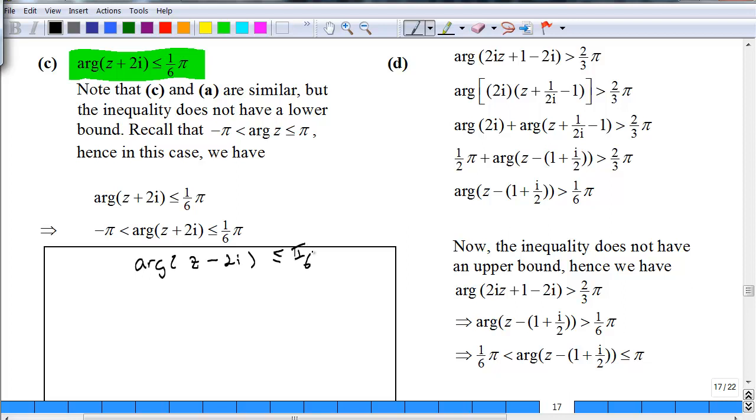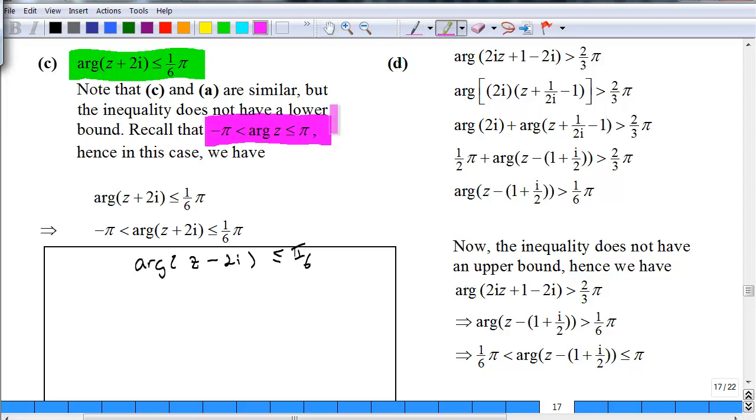Right, but in this case it is special because it seems that part C is similar to part A. However, there is no lower part of the inequality as in part A, due to the fact that the argument of a complex number in the standard form must always lie in the principal range, and the principal range is actually this one.